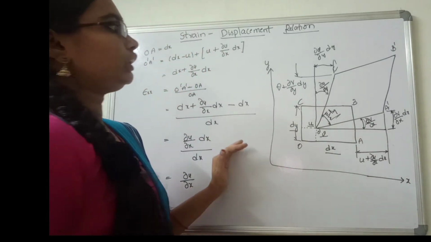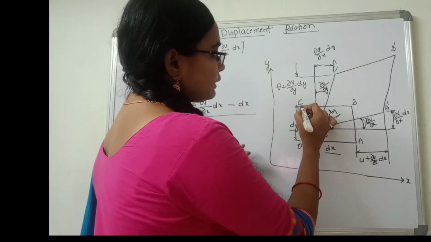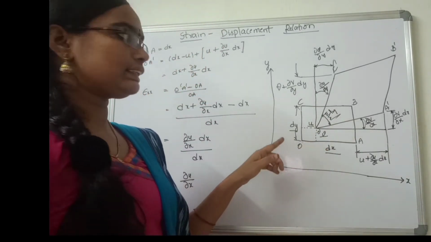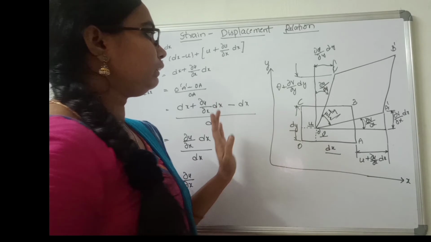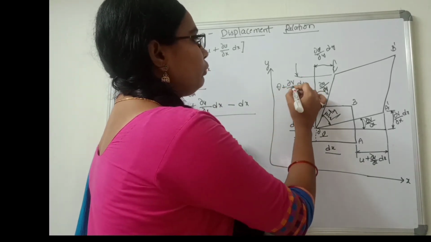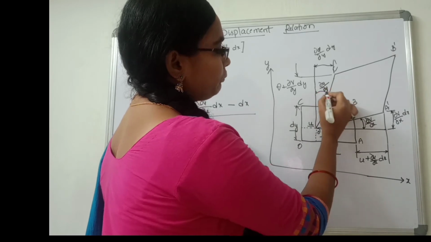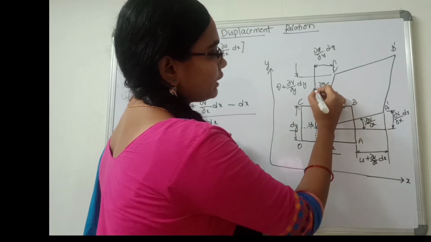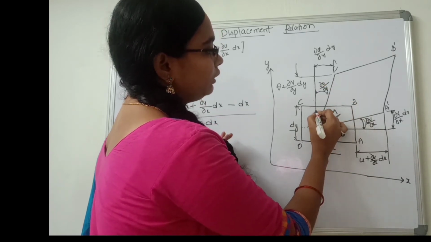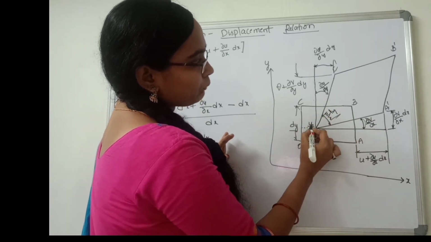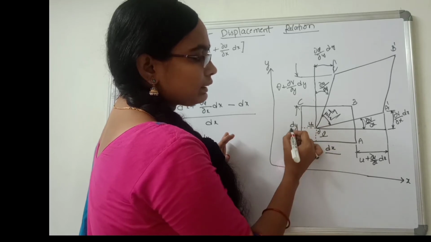Like that in the y direction also. OC is the original length, that is dy, and the change in length is v plus dou v by dou y dy, and this is a slope. Just consider this as a horizontal line, so the variation is u and the length is dy.